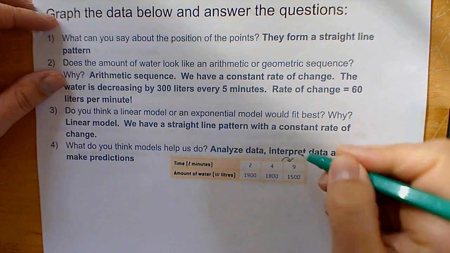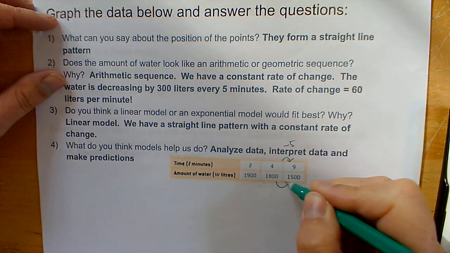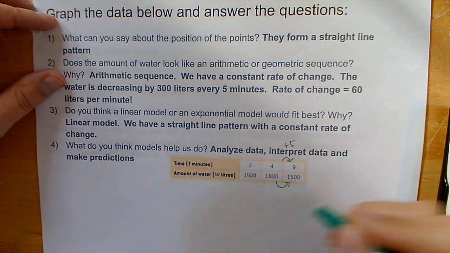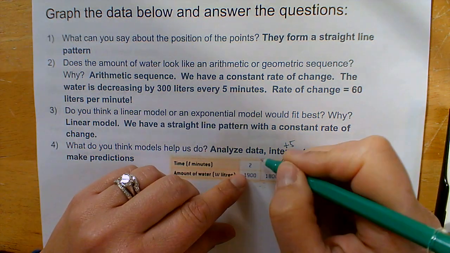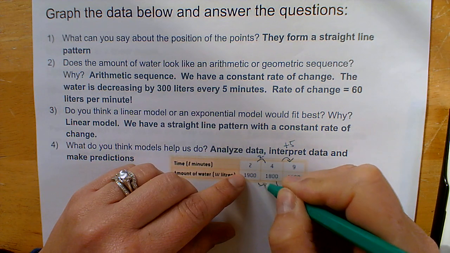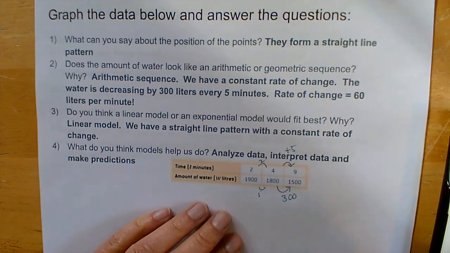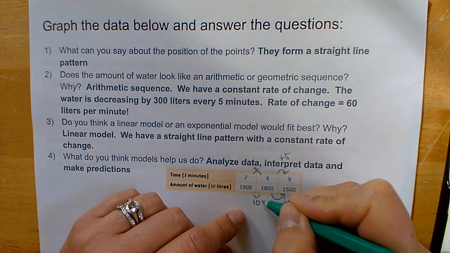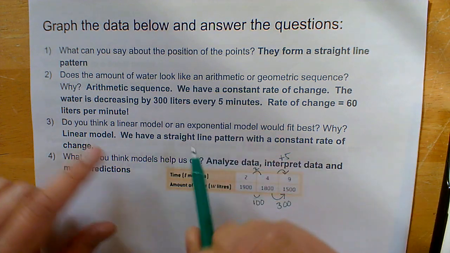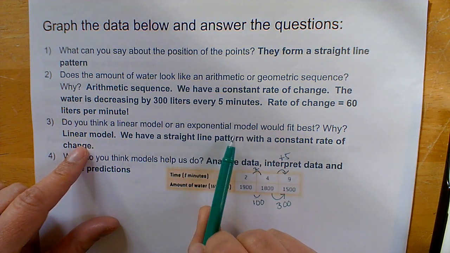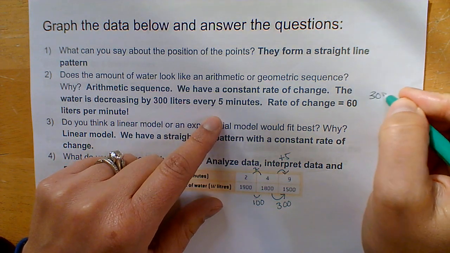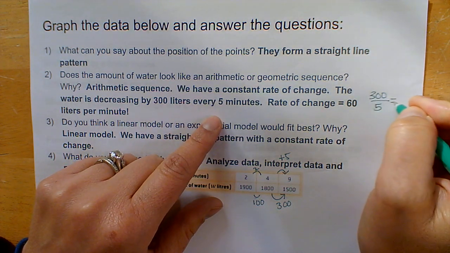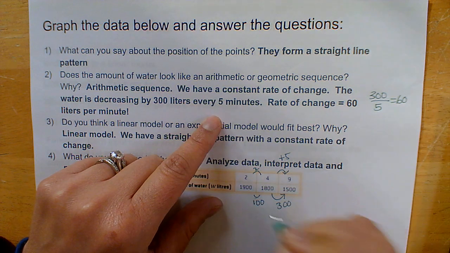So I just went, okay, we're decreasing by 100 here, and we're increasing by 5 here, and we're decreasing by 300 here. So 300 every 5 minutes, so I just went 300 over 5, and that is going to give us 60.